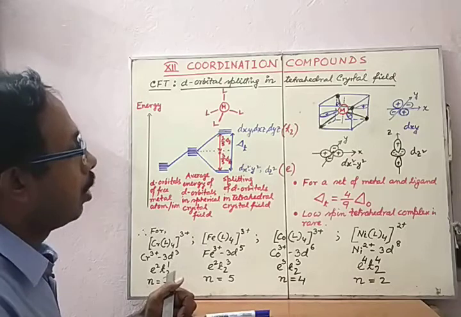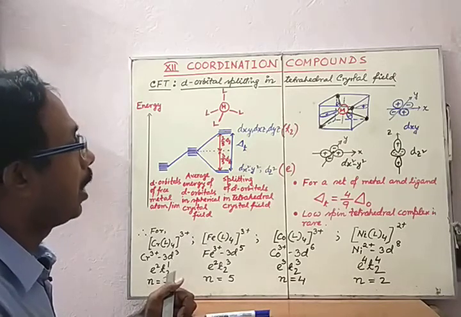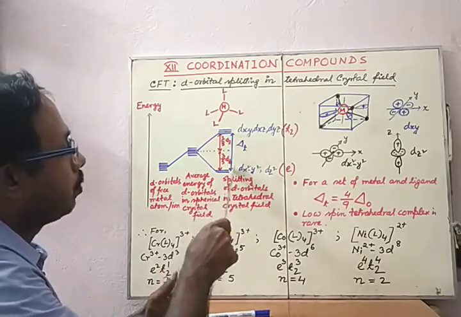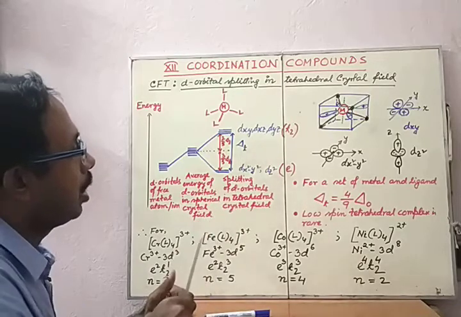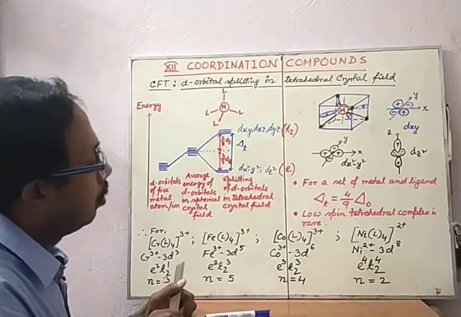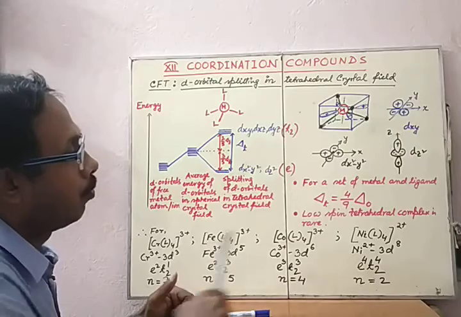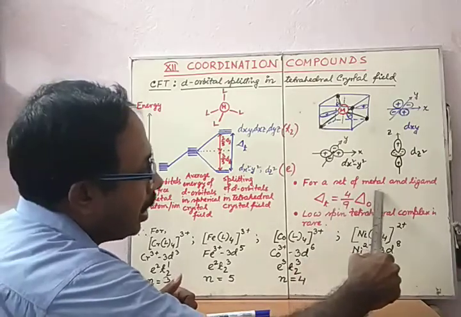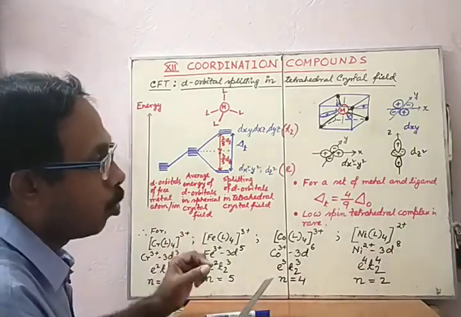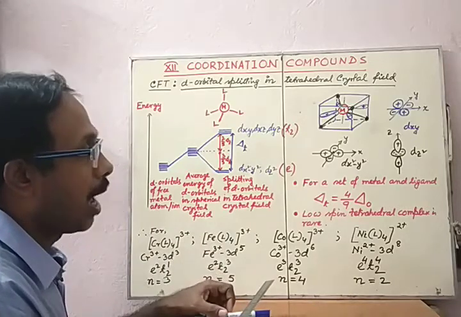Now one point is there. If we compare the d orbital splitting energy in tetrahedral field as well as in the octahedral field for a particular set of metal and ligand, say metal is chromium and ligand is ammonia.